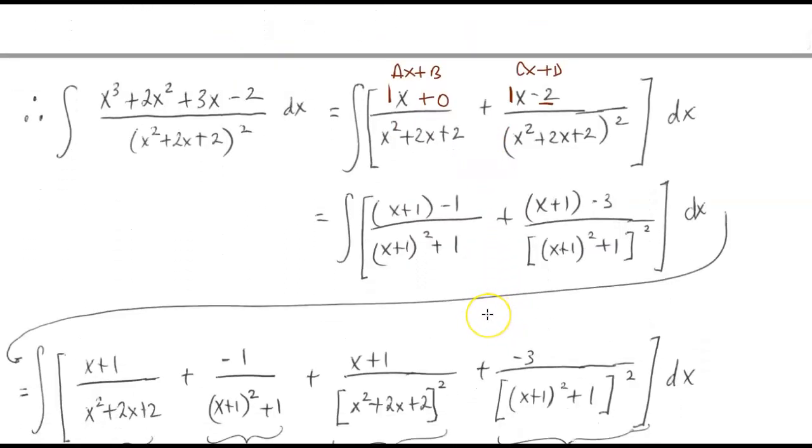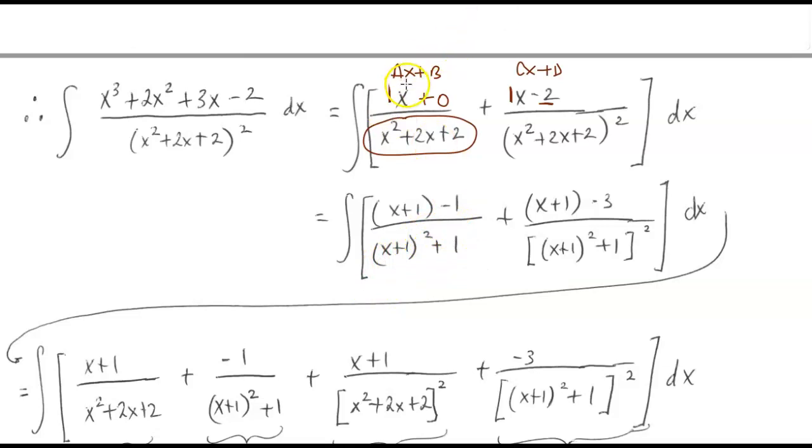Once all that's done, we notice that our denominator here, we could rewrite using completing the square as x squared plus 1 quantity squared plus 1.